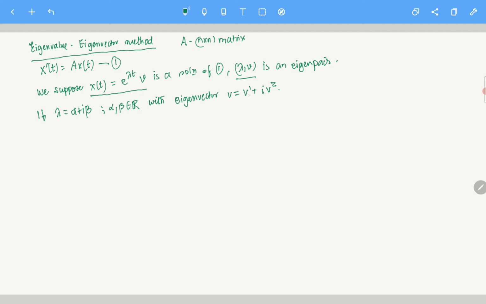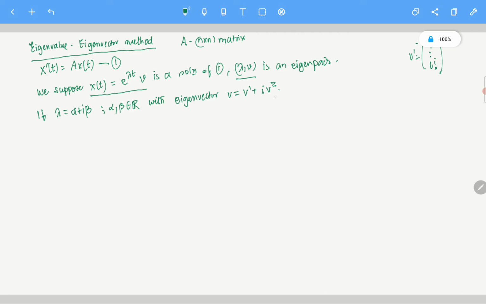Because v is a column matrix, right? v equals v1, v2, ..., vn kind of thing. So if I want to write it in column matrix form, then I will write it as a superscript, and v¹ will look like this: v¹₁, ..., v¹ₙ, and of course v^i will look like v^i₁, ..., v^i_n. That is why I am writing it in a superscript.